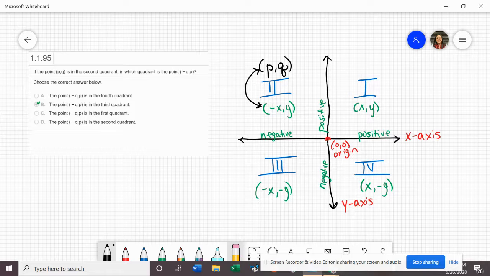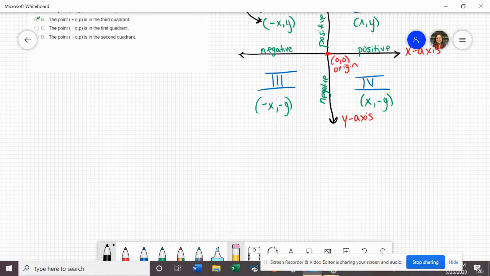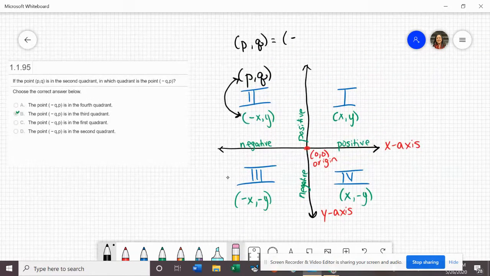So I'm going to say that my PQ is going to be the same as my negative X, Y. But now it's asking me, what if I had negative QP? So what would that look like?